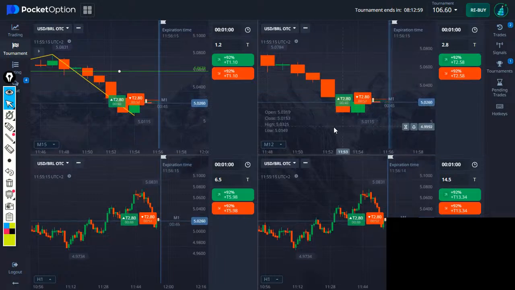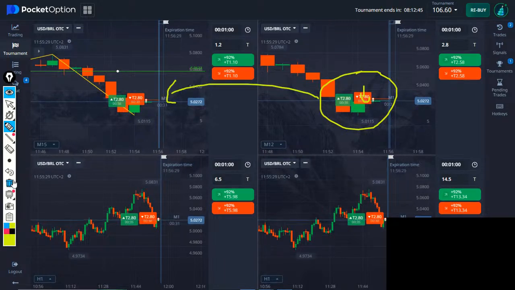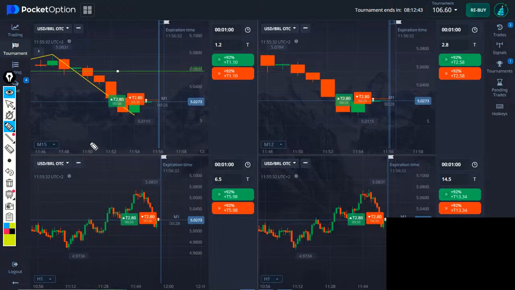No problem. I'll consider this as one trade. So if the sell wins, I'll go back to this level. If the buy wins, I'll go for a buy over here.